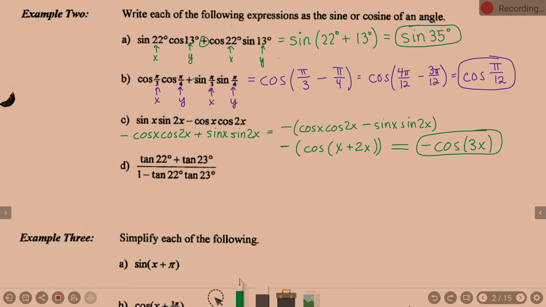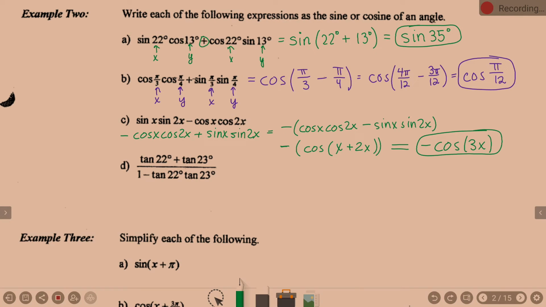It's a little trick there. You should have the parentheses around 3x because we don't want it to be read as cosine of 3 and then times the x. This definitely indicates cosine of 3x, so I would encourage the parentheses there.